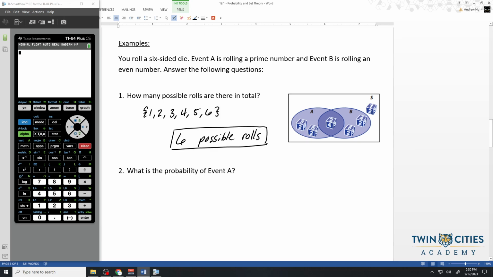Probability is the number of ways an event could occur over the total number of possibilities. So let me write that down. Probability of an event is equal to the number of ways the event could occur over the total number of possibilities.